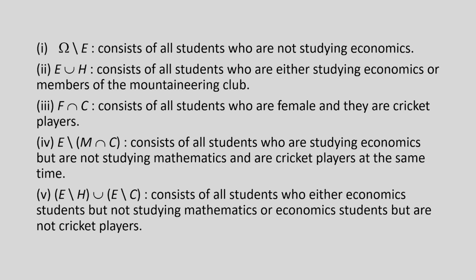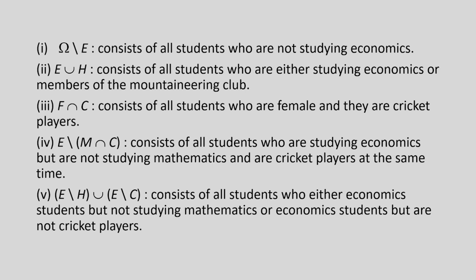Second, E union H. H, remember, is students who are members of the mountaineering club. And so, E union H consists of all students who are either studying economics or members of the mountaineering club, because this is union. F intersection C, what was F?